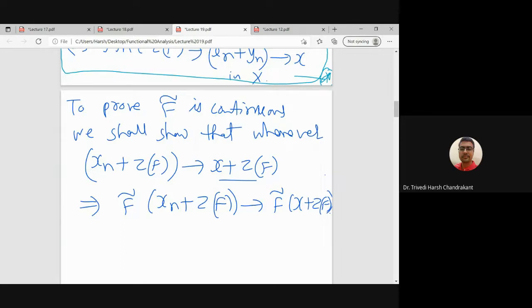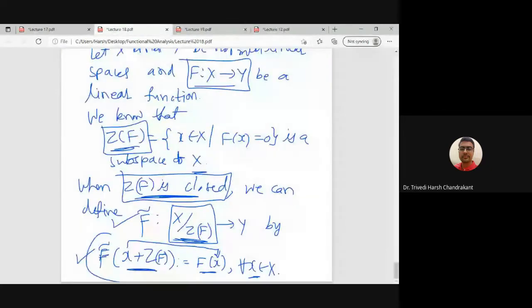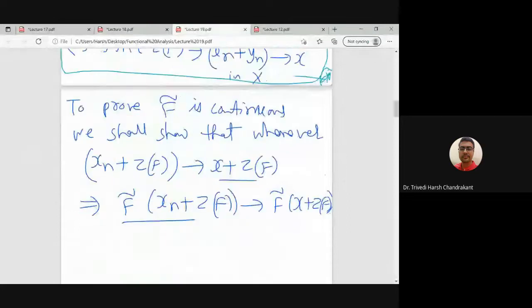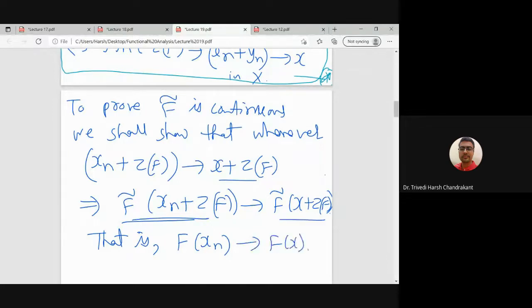All right, but we know the definition of f tilde. So f tilde of x plus kernel f is f of x, right? F applied on the first element. If we apply this criterion, then what we need to prove is that f tilde of xn plus kernel f, which is nothing but f of xn by the definition of f tilde, converges to f of x, that is this element, right?